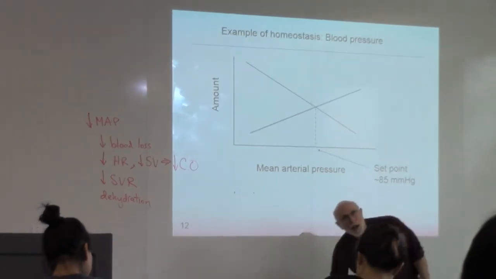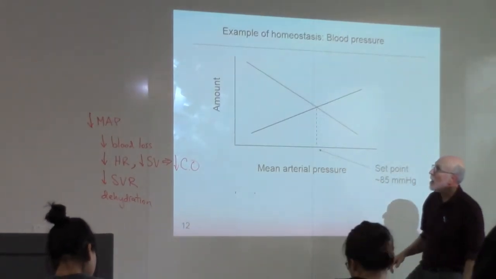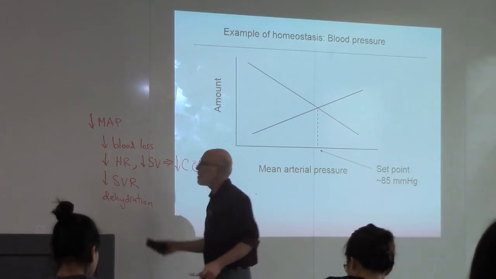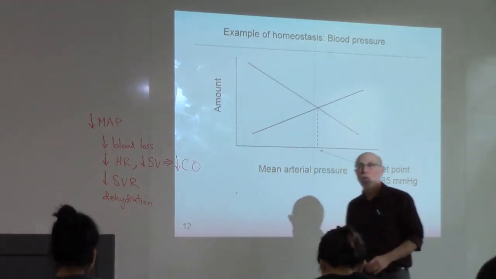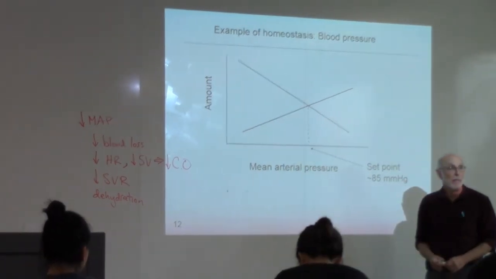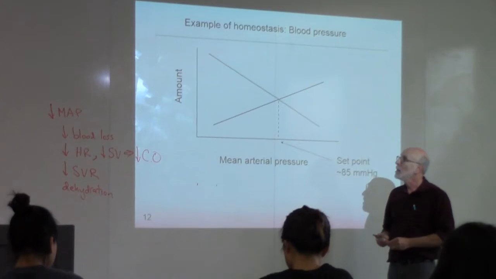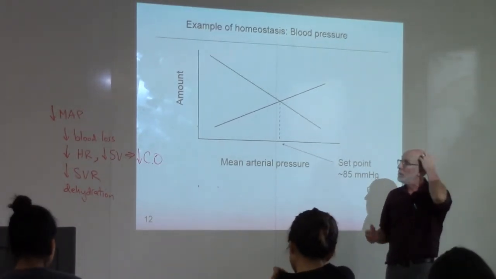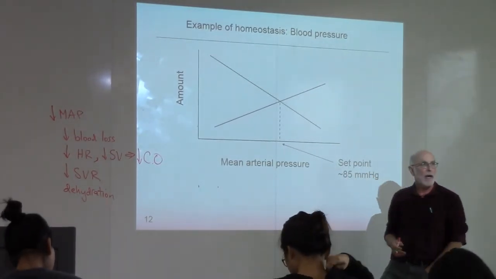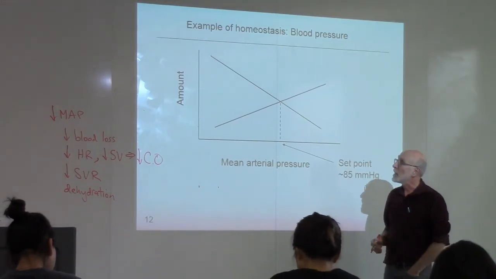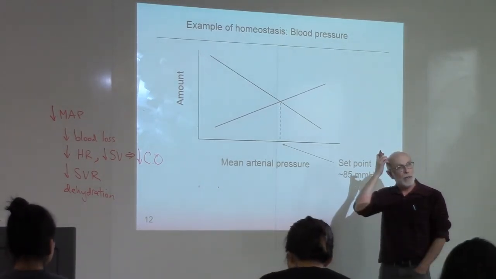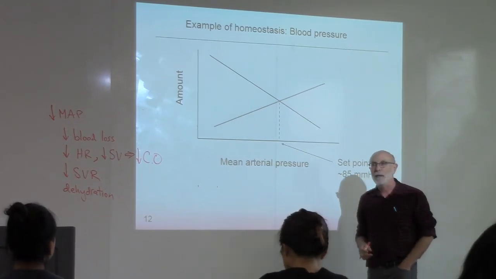Okay, so let's just say in response to dehydration or blood loss, or let's just say a decrease in cardiac output. Sure, we can use that one too. In response to those things, what systems that you've learned about in the body would be activated?